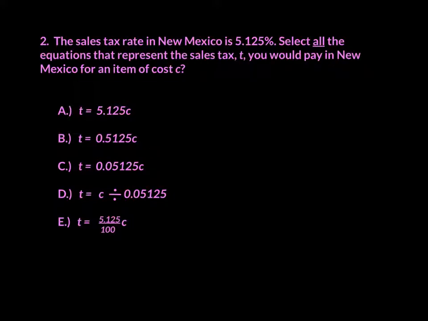Now we've got the sales tax rate in New Mexico is 5.125%. We're going to select all the equations that represent the sales tax T that we would pay in New Mexico for an item cost of C. Okay, so again, like we've been doing in this entire lesson, we're going to take that percent, which right now is 5.125, and to change it to a decimal, we move the decimal back 2 places to the left.